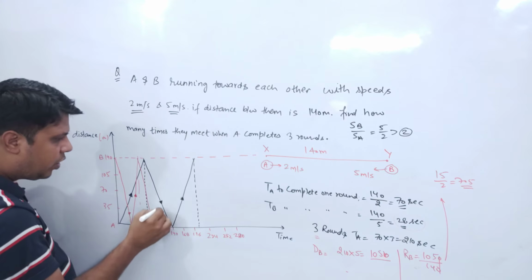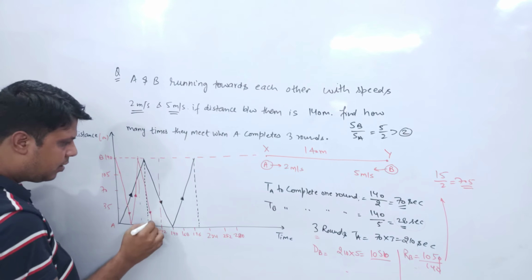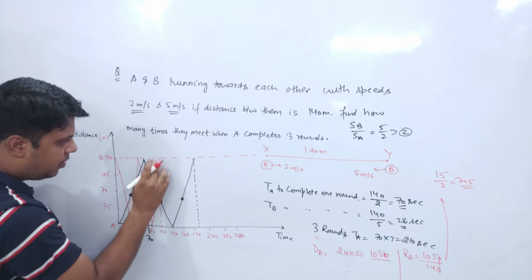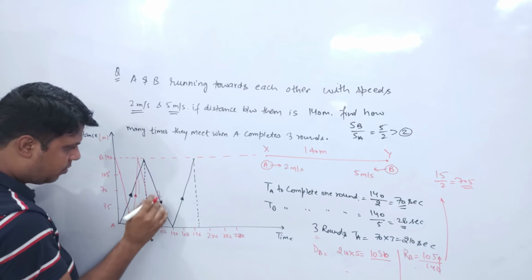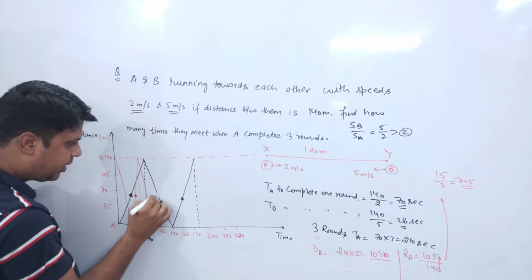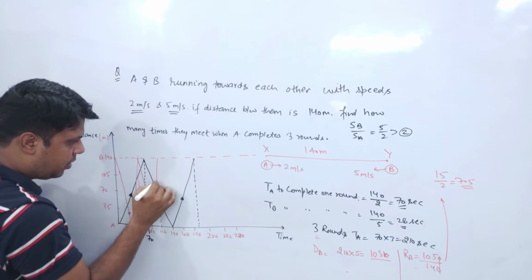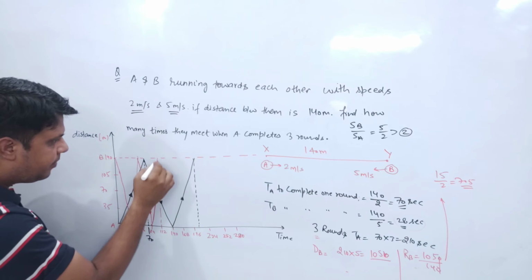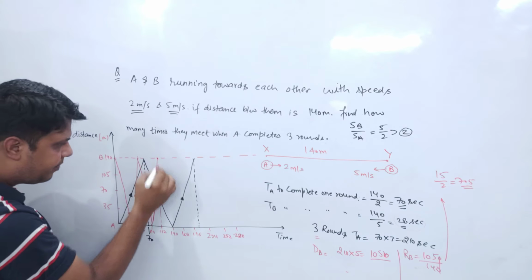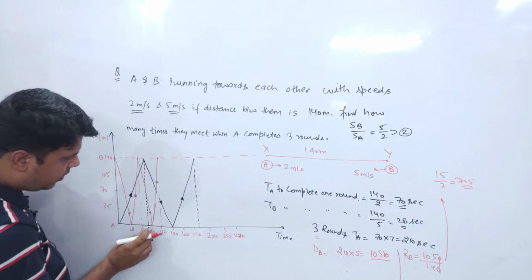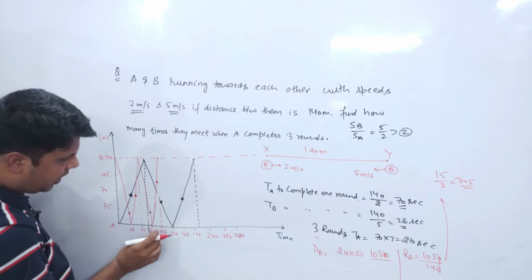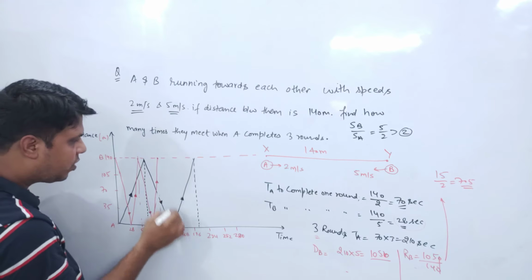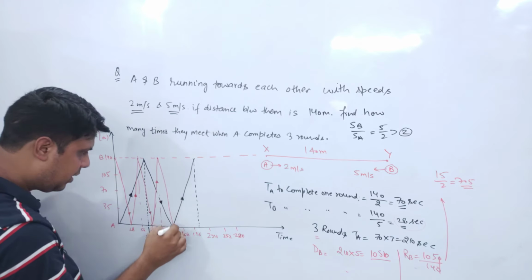4th round in 112. Okay, so let it be something like that. Is it clear guys? Now the fifth round would be 140. So 28, then 56, then 84, 112, then 140, right?